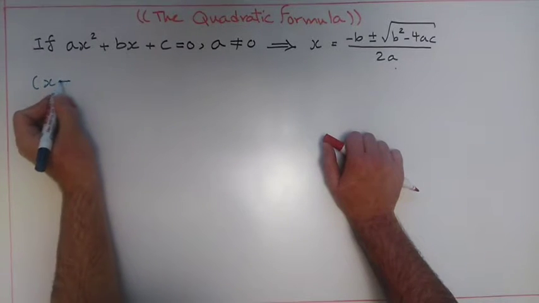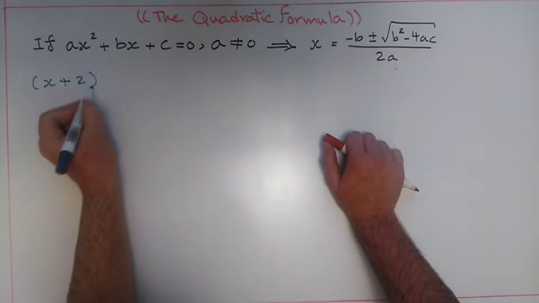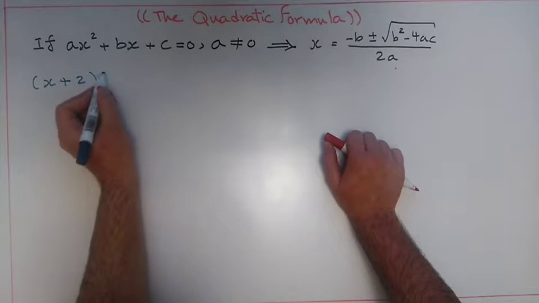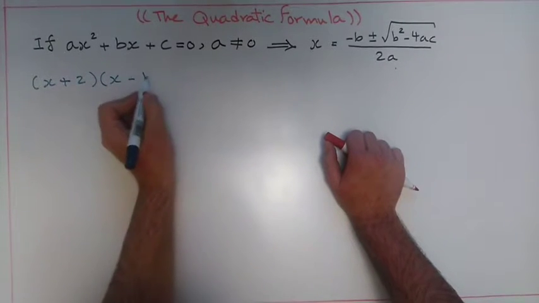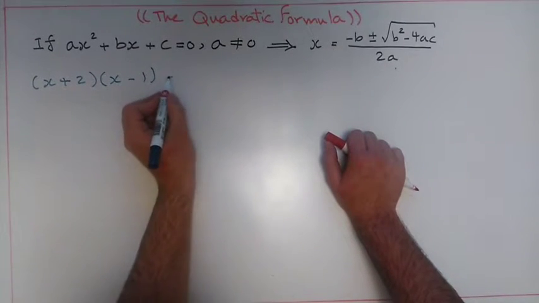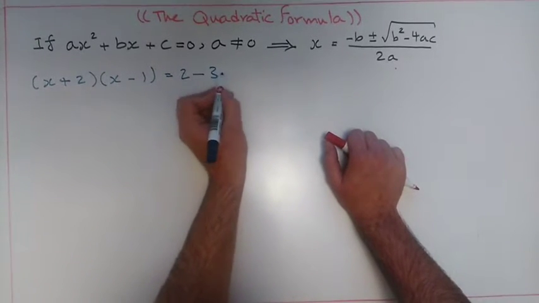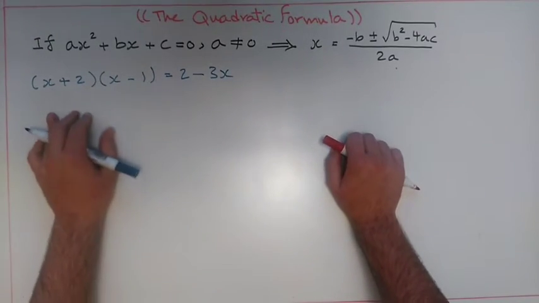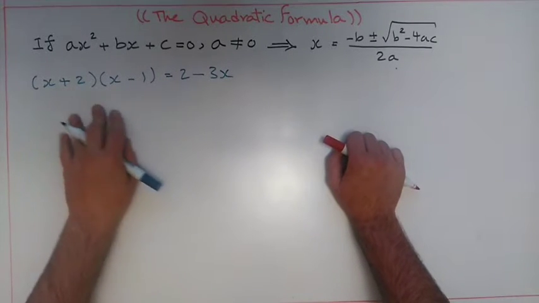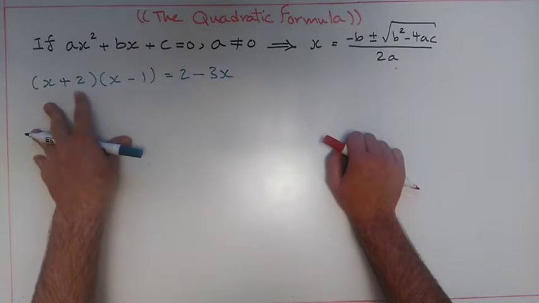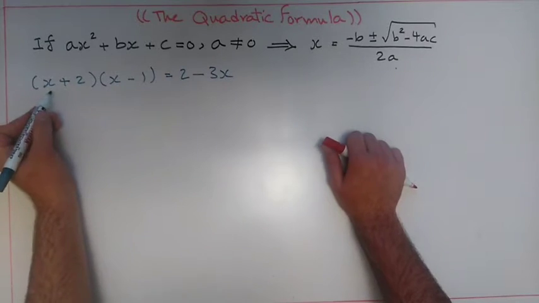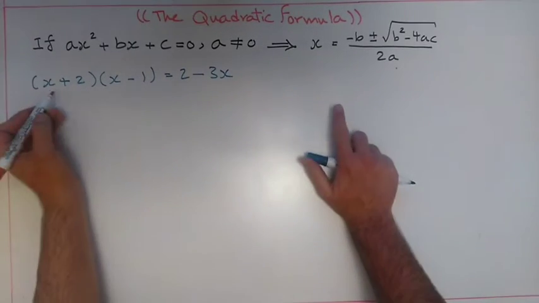So, for example, if I have x plus 2 times x minus 1 equal to 2 minus 3x. I need to change this into the standard form. So I distribute them using the fishing method.